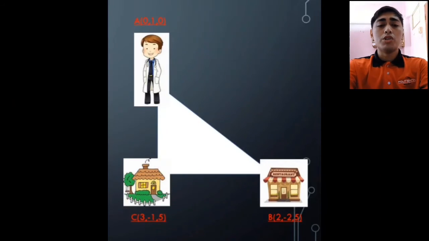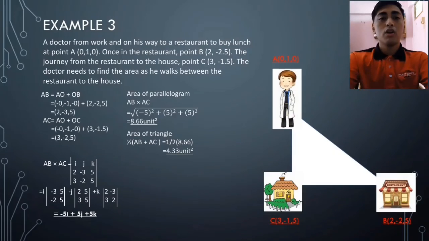And so, I will show you the solution of example 3. First, we need to write AB equals AO plus OB, equals, in parentheses, 0, -1, 0, plus, in parentheses, 2, -2, 5, equal to, in parentheses, 2, -3, 5.